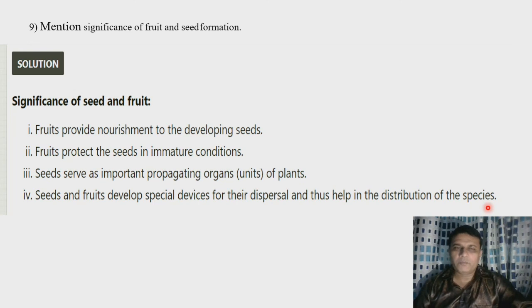For example, different seeds show hair-like structures due to which they are transferred to different places and these species can be developed in different places. So such mechanisms are developed in fruits as well as seeds for the distribution of species.